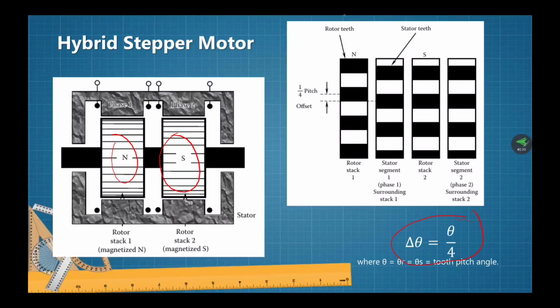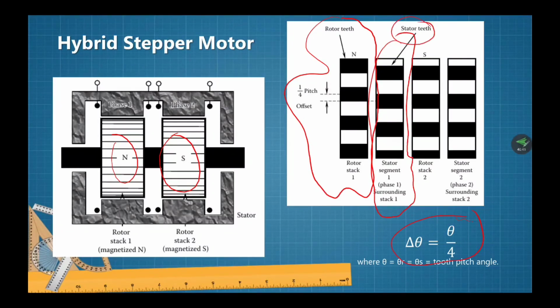This is for the rotor teeth. We have 1/4 pitch, and this is stator segment 1 in phase 1 surrounding stack 1. We have the stator teeth here for the north poles, and for the south poles we have rotor stack 2 and stator phase 2 here.